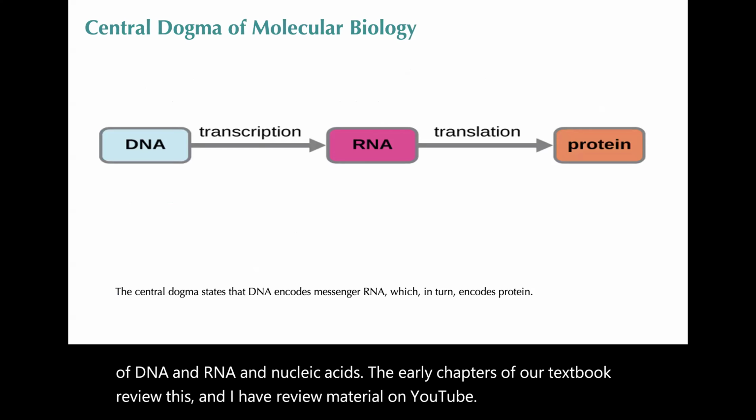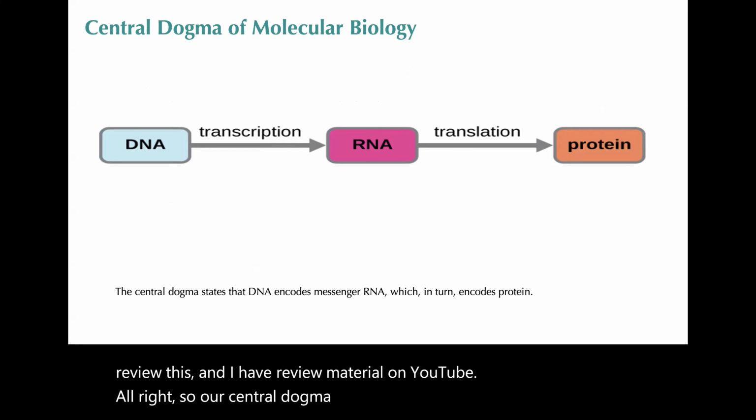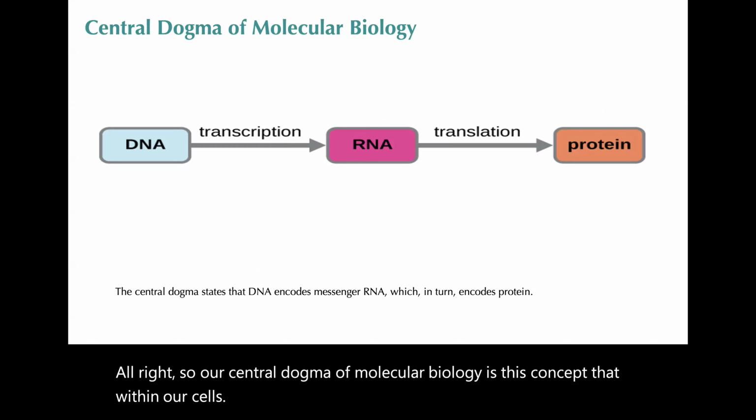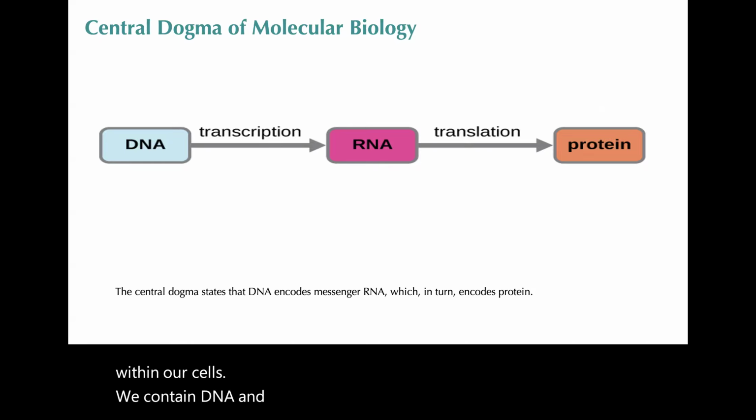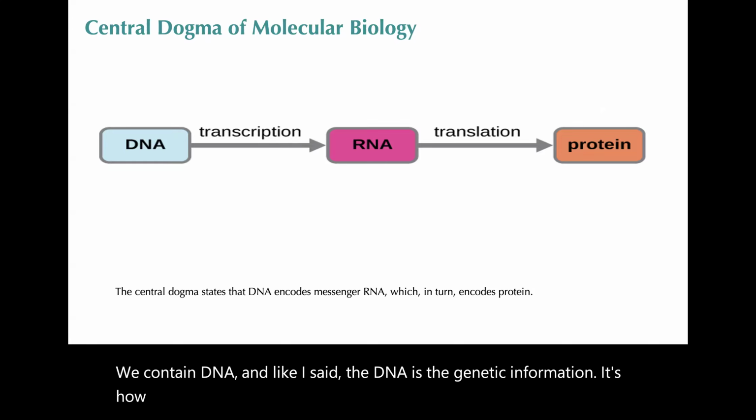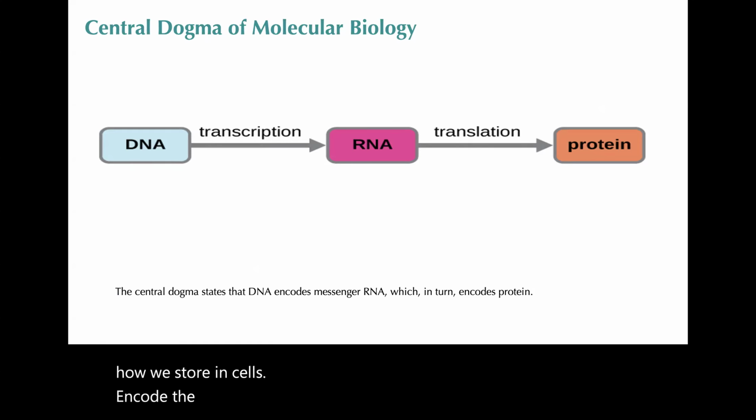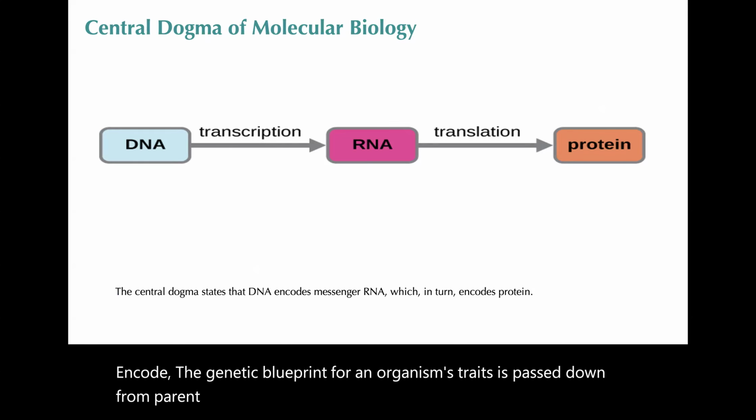All right, so our central dogma of molecular biology is this concept that within our cells, we contain DNA. And like I said, the DNA is the genetic information. It's how we store in cells, encode the genetic blueprint for an organism's traits that's passed on from parent to offspring.